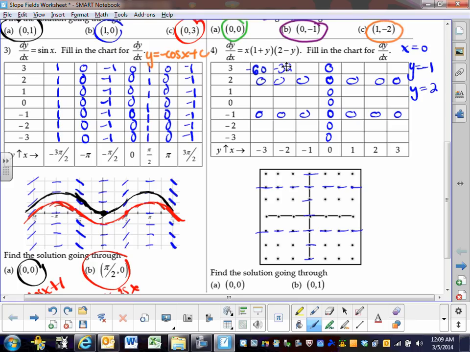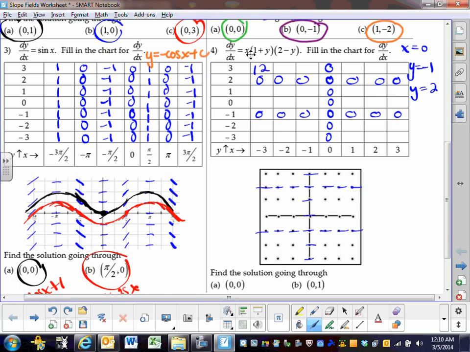Actually, let me start over. I think I'm miscalculating my values. There we go. So we substitute in, we get y is 3, so this is 4, and negative 1, so negative 4 times negative 3 is positive 12, sorry.